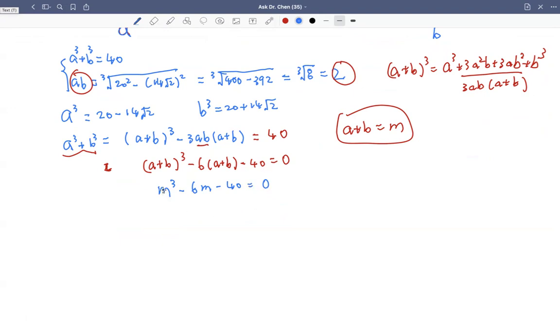Now, whenever we have a cube term in the equation, we want to make a difference of two cubes or sum of two cubes. In this case, it makes sense to rewrite negative 40 as negative 64 plus 24, because negative 64 is negative 4 cubed.